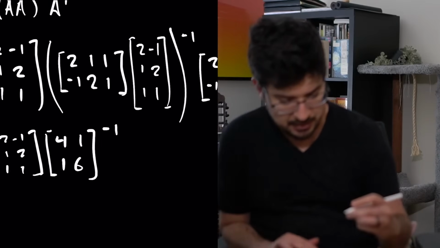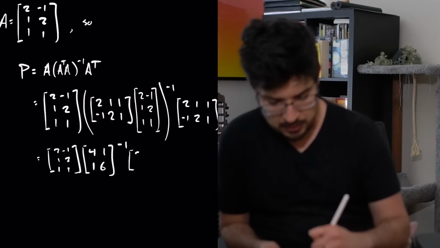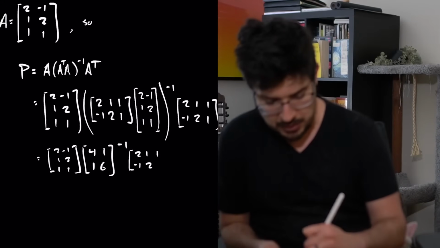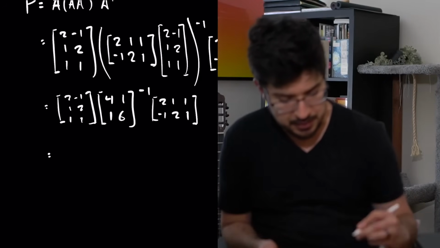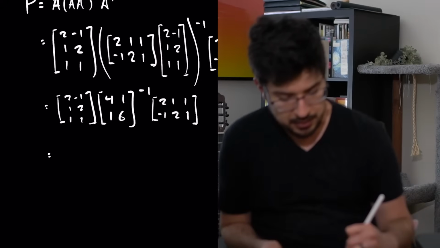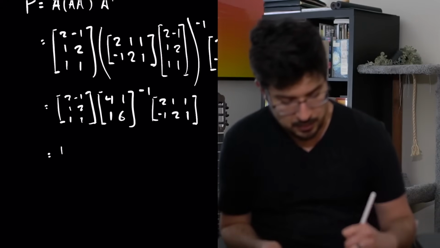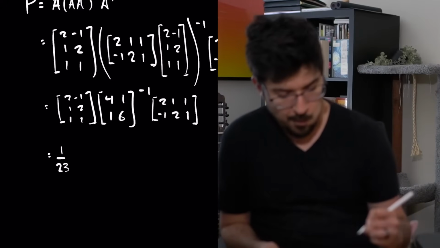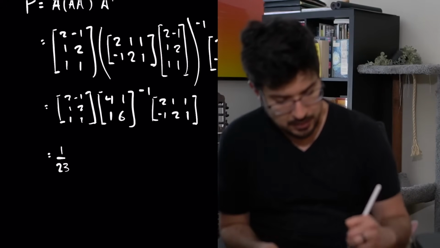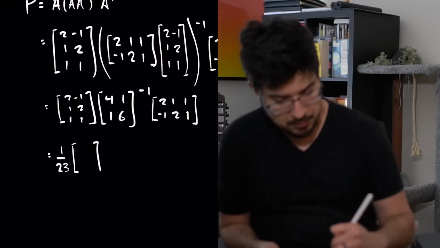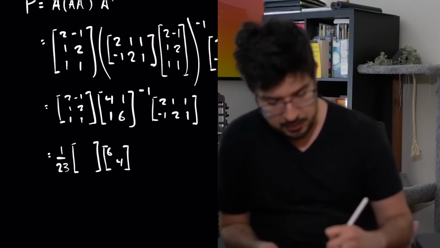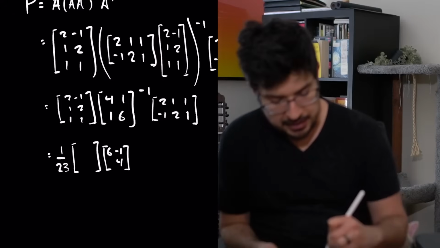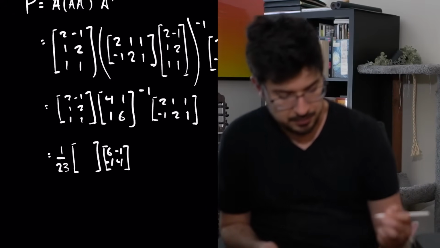The inverse of that times 2, 1, 1, negative 1, 2, 1. And the inverse of that matrix would be one over the determinant times the 2 by 2 formed by swapping the top left and bottom right corners and negating the other two corners.